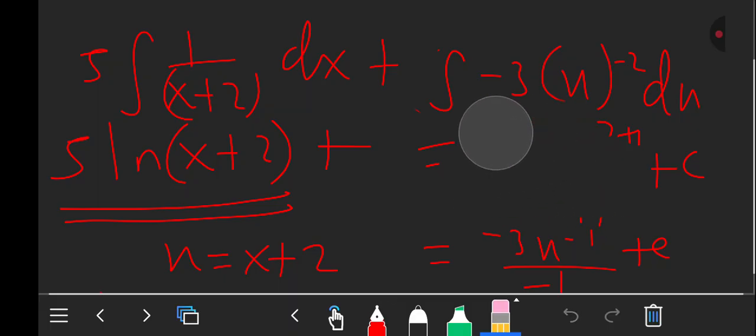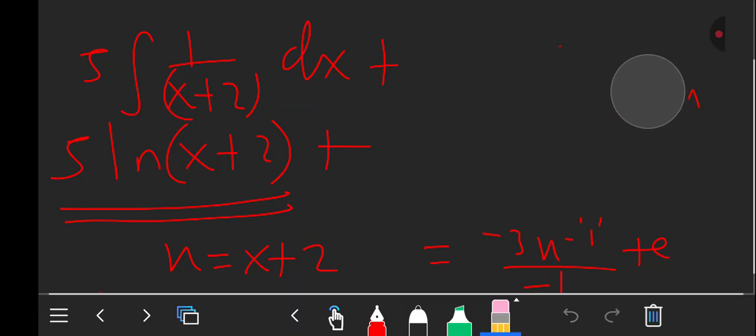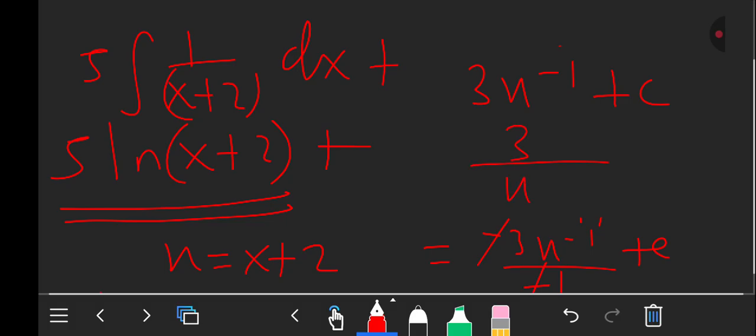Okay, we now finish this. Negative divided by negative is just a positive. So what we have is 3u to the power -1, then plus c. We can write this as 3 over u as a denominator, then plus c. It's now simple. We can now bring back u. We had let it be x plus 2, so we can bring it back, so it is 3 over x plus 2, then plus c.